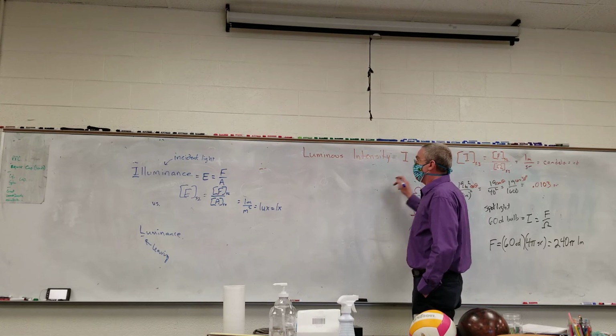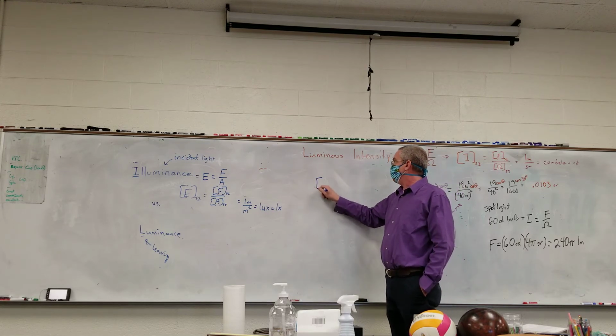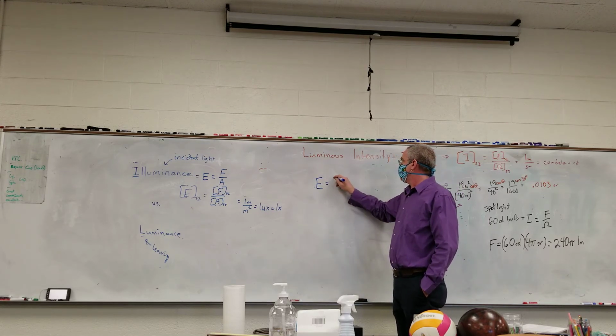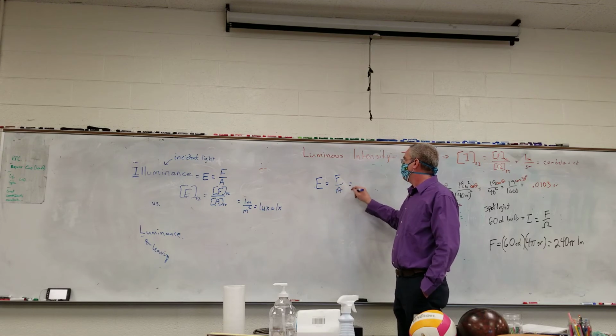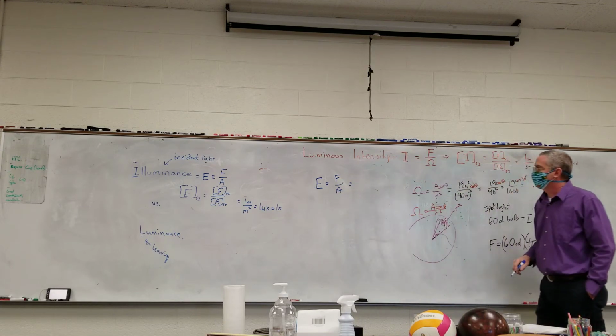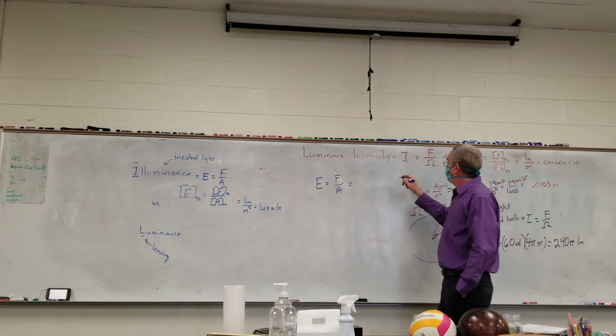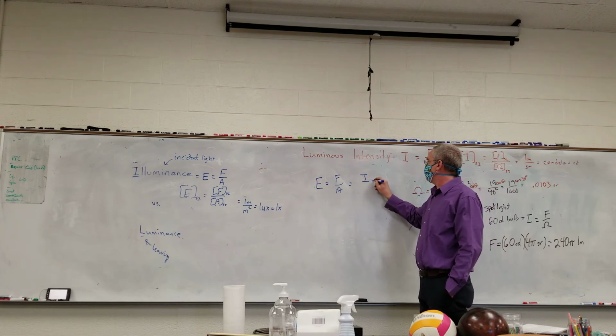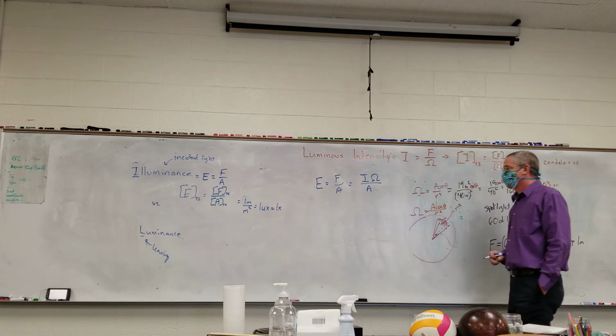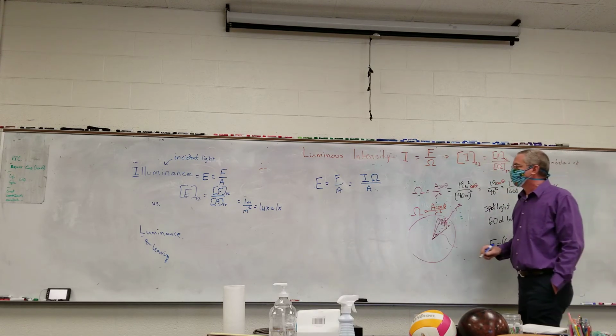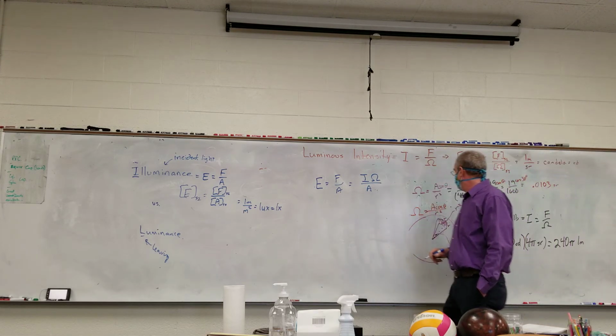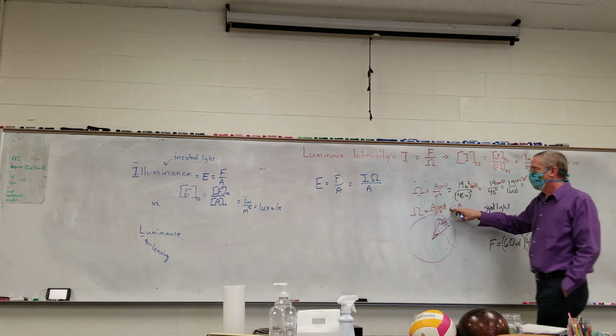All right, so I have that. So E, my illuminance, is F over A. F is my luminous intensity times my solid angle, over A. My solid angle, right here, is A cosine theta over R squared.